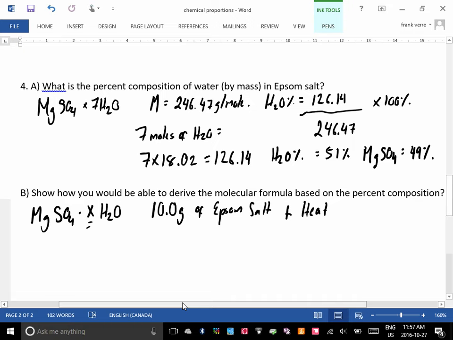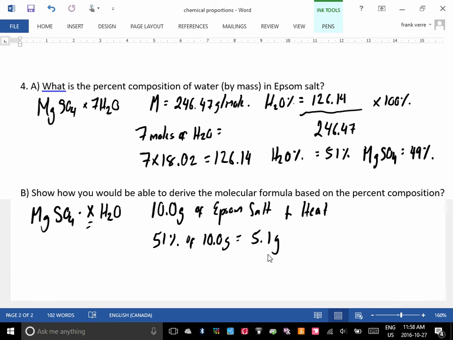Now, we know that the water represents what percent? 51%, right? 51% of 10 grams would be what? 51% would be 5.1 grams.